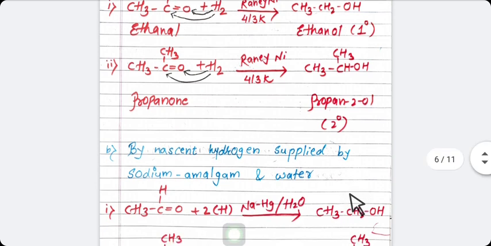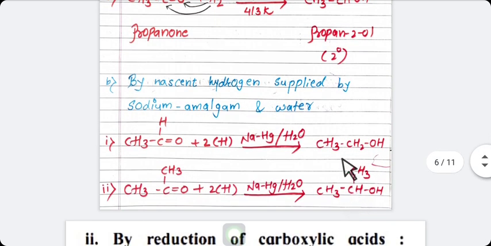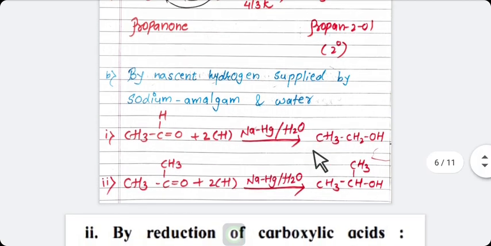Next method, as I told you, reduction by nascent hydrogen supplied by sodium amalgam and water. Procedure is same. Aldehyde gives primary alcohol, ketone gives secondary alcohol. But the only difference is hydrogen is in a nascent form which is supplied by sodium amalgam and water.